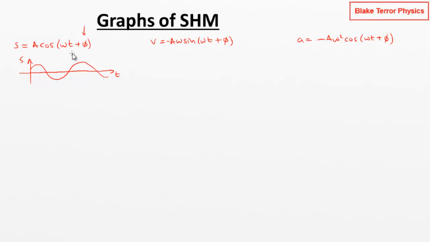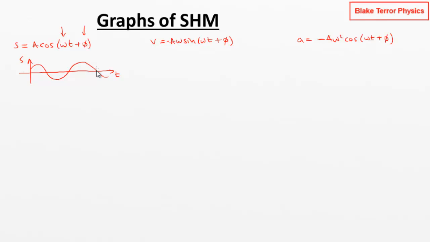Our phase shift phi here is going to determine exactly where we are in the cycle. Our omega here is going to determine the frequency. This is our angular velocity that we've got in the associated circular motion, and that is going to determine how quickly we're completing each one of these oscillations.